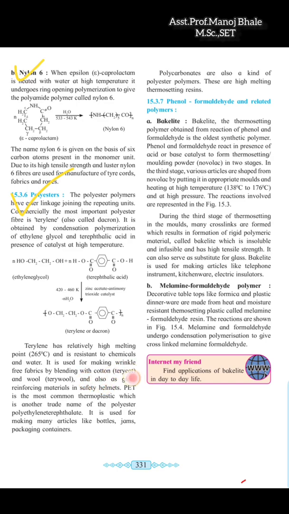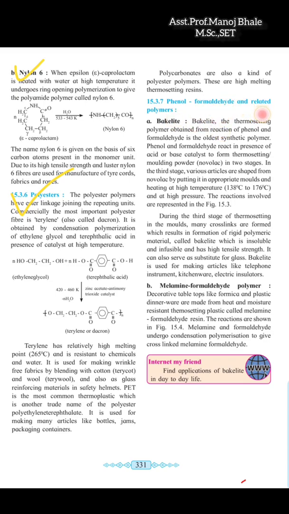That's why it is used for making wrinkle-free fabrics by blending with cotton and wool. Terylene is also used for glass reinforcement materials and safety helmets. There are a number of uses. It is also used for making articles like bottles, jars, and packaging containers.